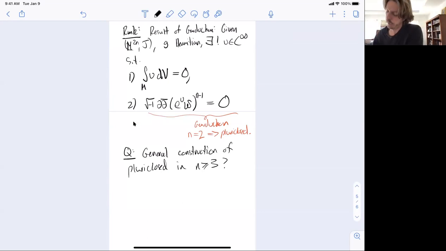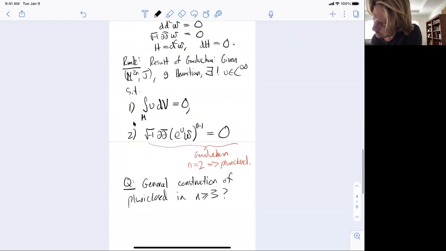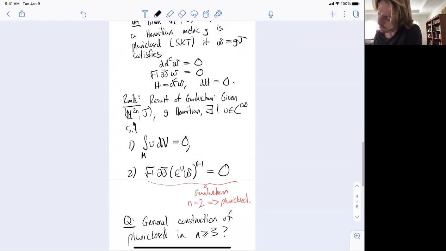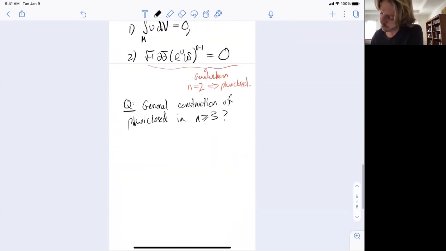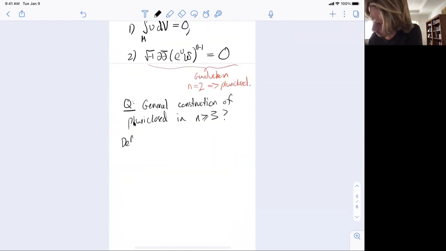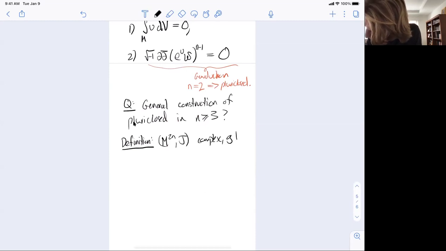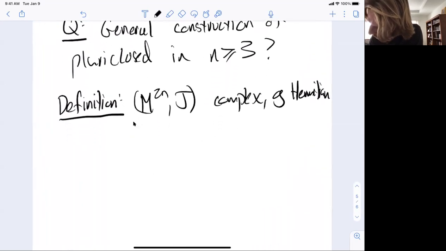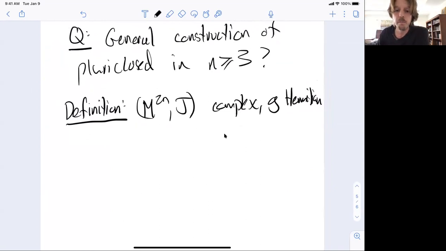Okay, so I'm going to define this pluriclosed flow equation, which is an equation for pluriclosed metrics, but I just recall some further basic geometric definitions. So if I have M^{2n}, J a complex manifold and g Hermitian, let me try to get the constants right, although it maybe doesn't matter so much.